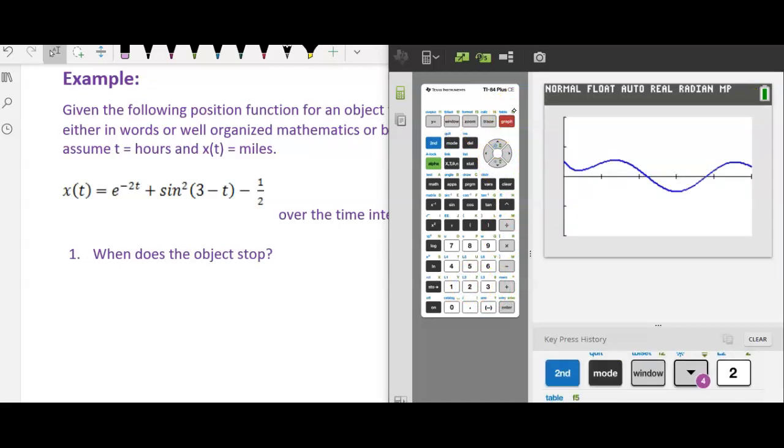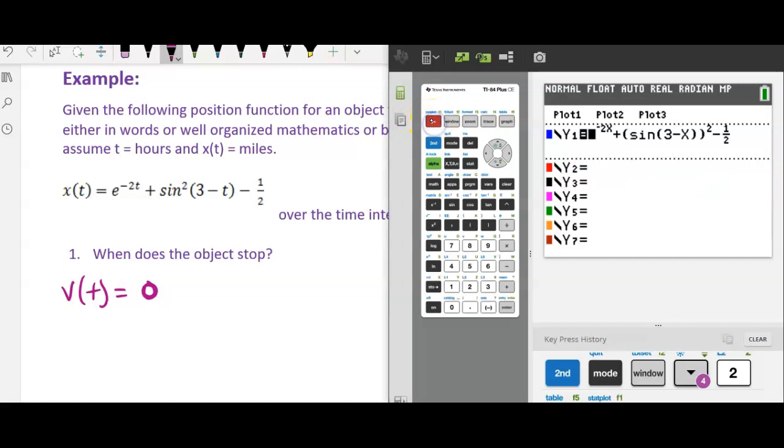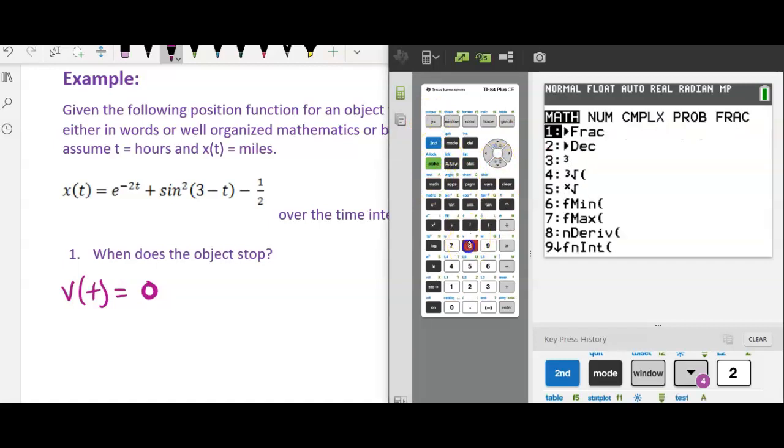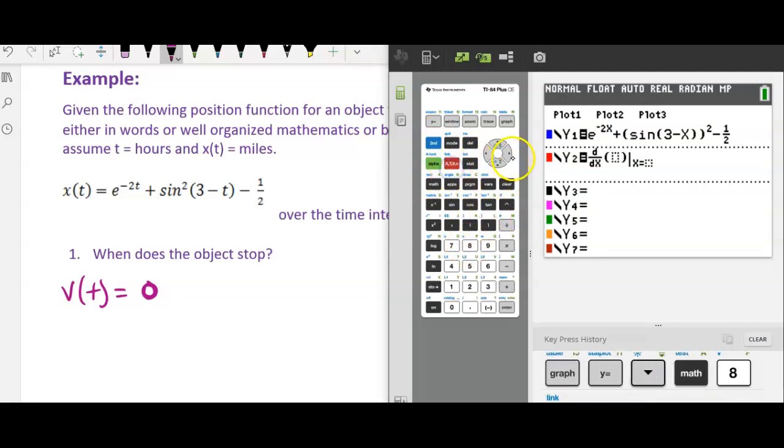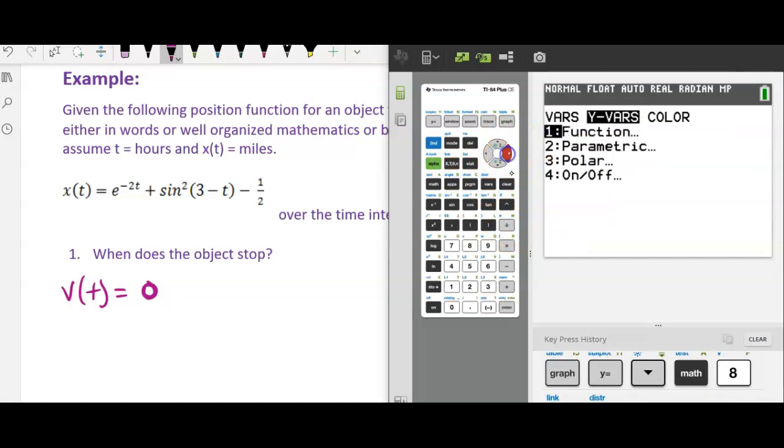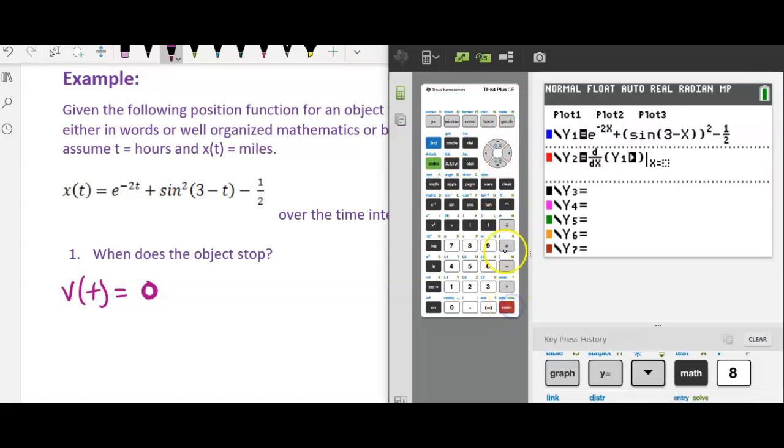Okay, the object stops when velocity equals 0. So the slope will equal 0 at these max and mins. So I can find each max and min, or I can go to Math 8 and y2, find the derivative of y1 by going to vars, over to y vars, enter, enter.